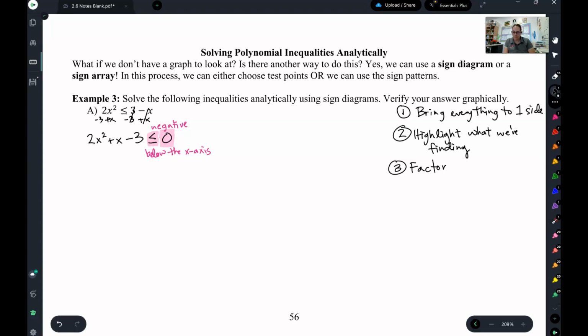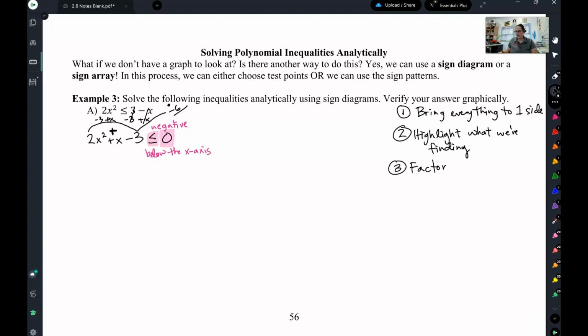So for the longer factoring, we do the first times the last. 2 times negative 3 is negative 6. And I want to multiply to this number and add to my middle number. So multiply to negative 6, add to positive 1.